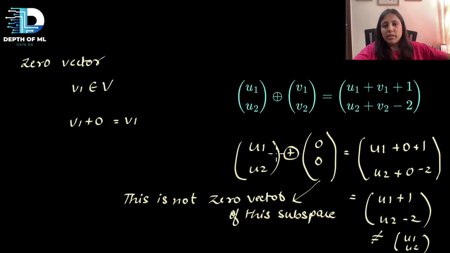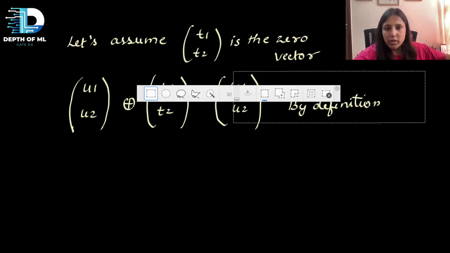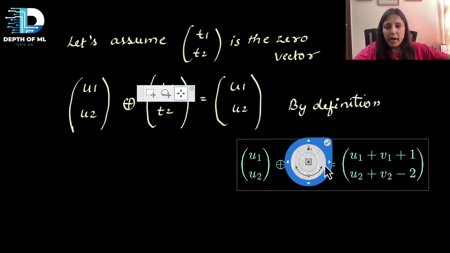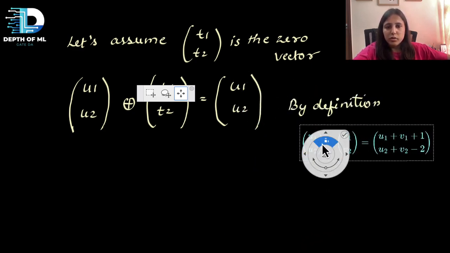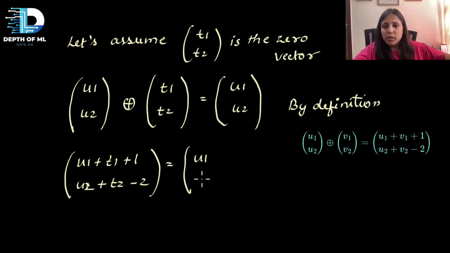Now I'm going to use the redefined version of addition to solve this. How do I add these two vectors? I am going to add these two using this vector addition. So this is u1 plus t1 plus 1, and u2 plus t2 minus 2, and I'm saying that this is equal to u1 u2.